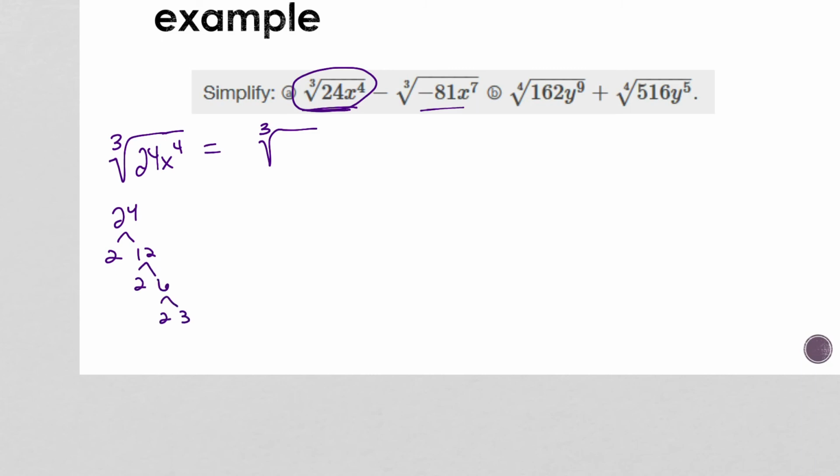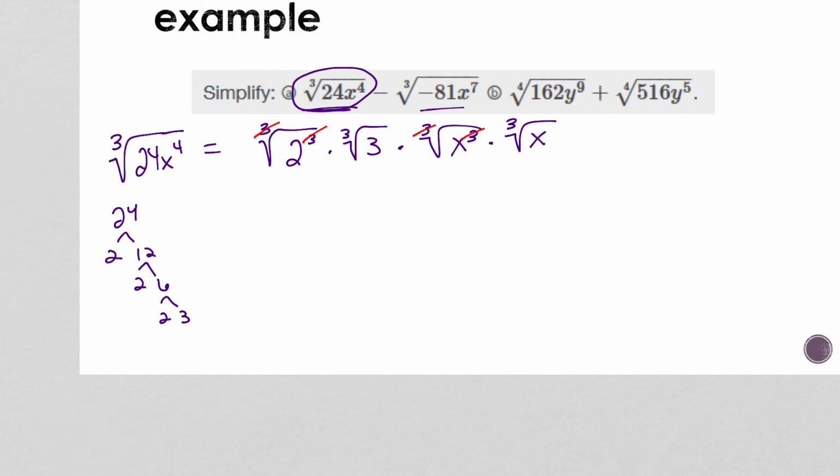So that would be 2 to the third power times the cube root of 3 times the cube root of x to the third power times the cube root of x. Okay? Remember, our x's have to add up to be 4. All right. So we can take the cube root of that.